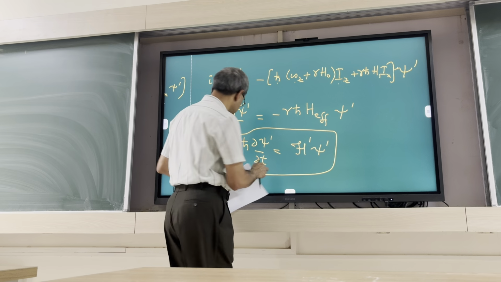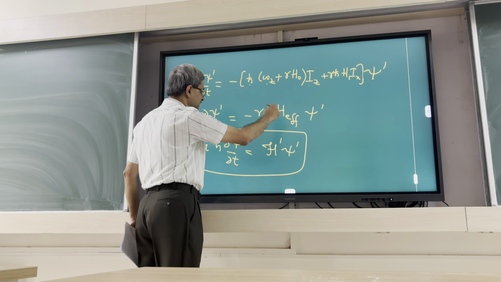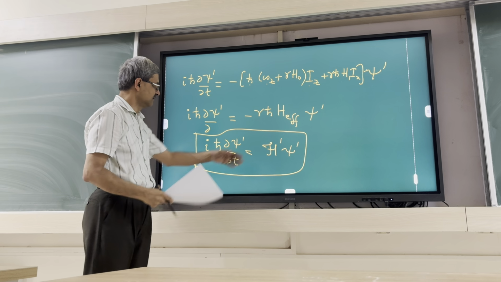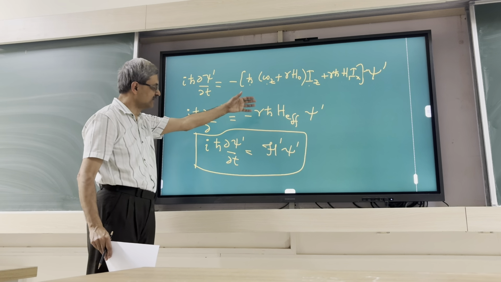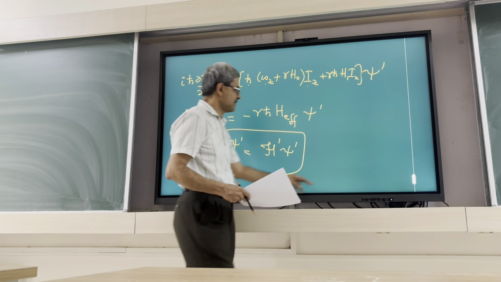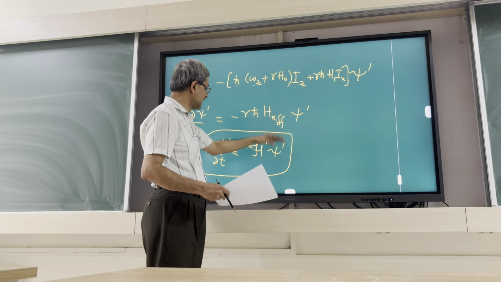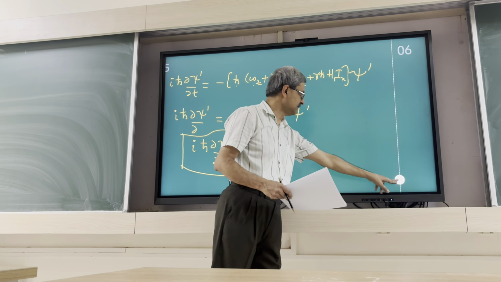Okay, and then what is the wave function? Right, so we've just called this one the Hamiltonian as viewed in the rotating frame, this effective field. So no time dependence in the Hamiltonian anymore. All the time dependence is in the wave function.